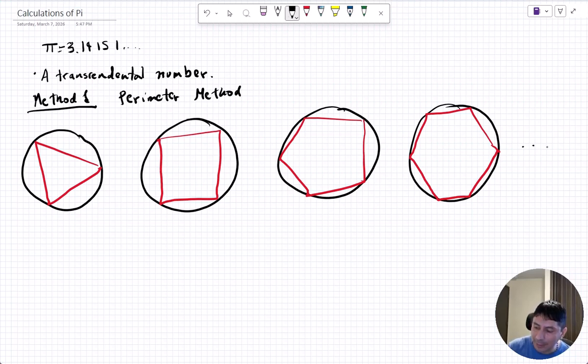And at the very end, we can calculate pi by looking at the limiting method. This will give a formula for a trigonometric function whose limit approaches the value of pi. So let's do the perimeter method.